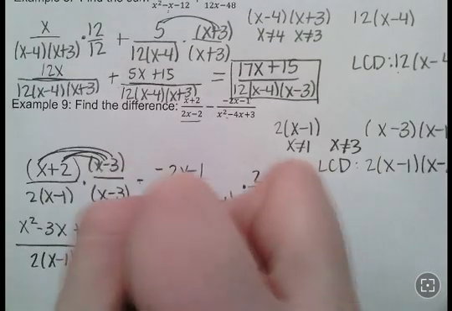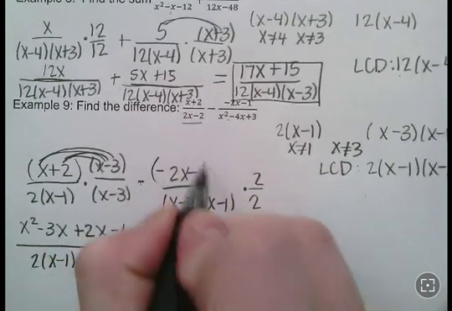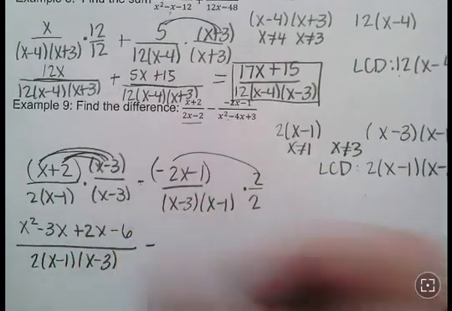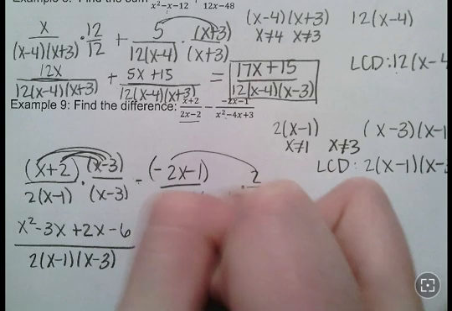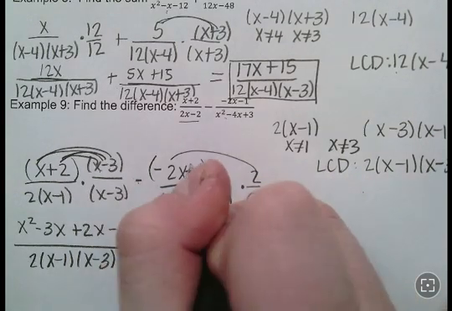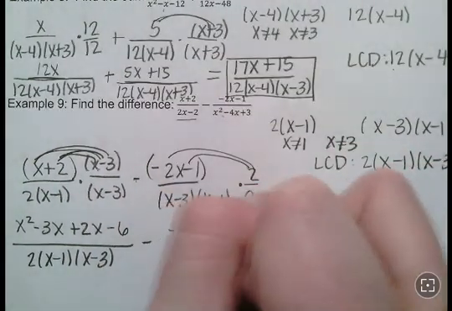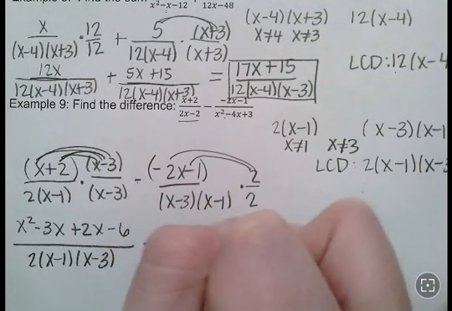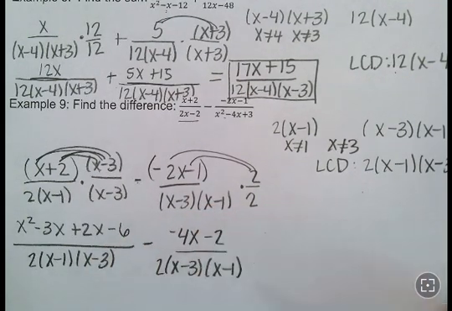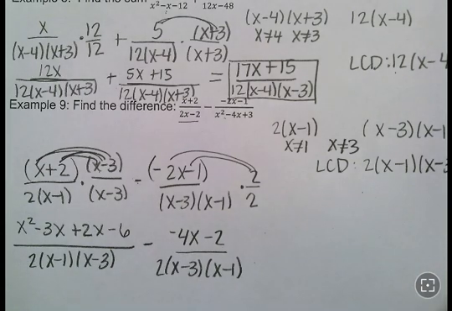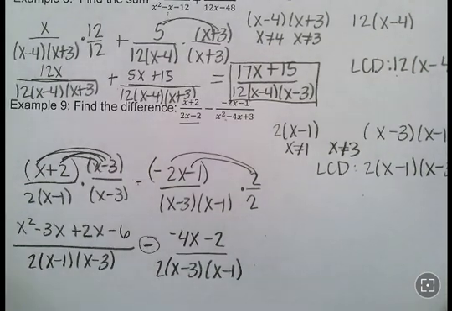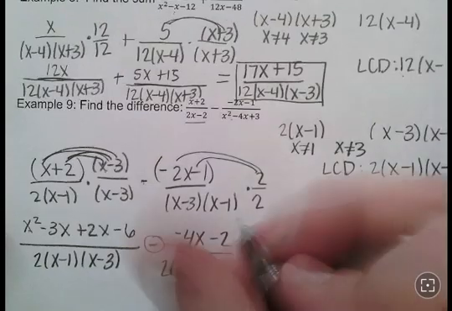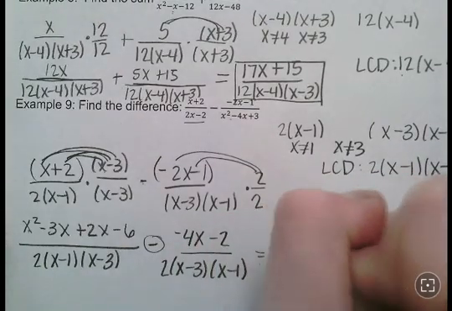And then we've got minus, okay, now let's think of that as a quantity, negative 2x times 2, which is negative 4x, and a negative 1 times a 2, which is a negative 2, over 2 times x minus 3 times x minus 1. And now we combine, but remember, we're subtracting, so be careful. We don't have any more x squared, so that just stays x squared.